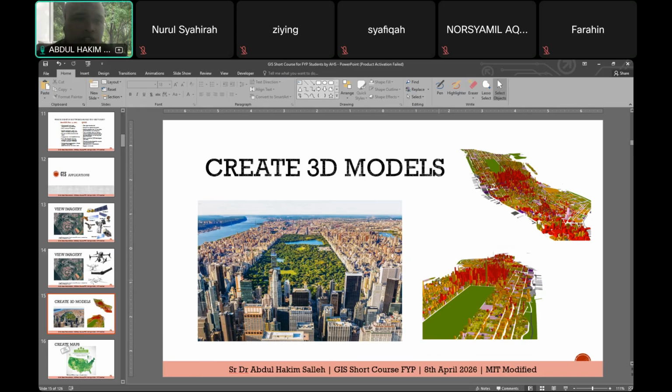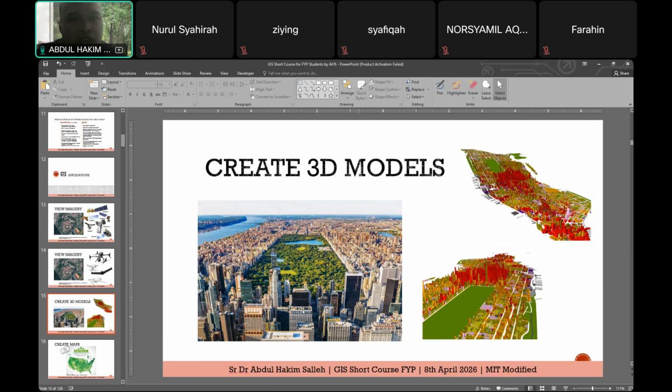Then you need to segregate between high-rise buildings and low buildings. Now if you want to select, let's say, buildings that are higher than 80 meters tall, for example, you do not need to select one by one, of course.